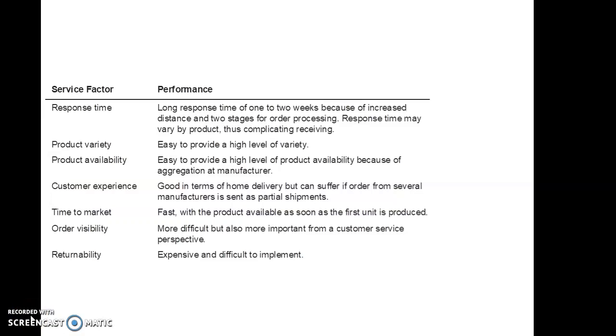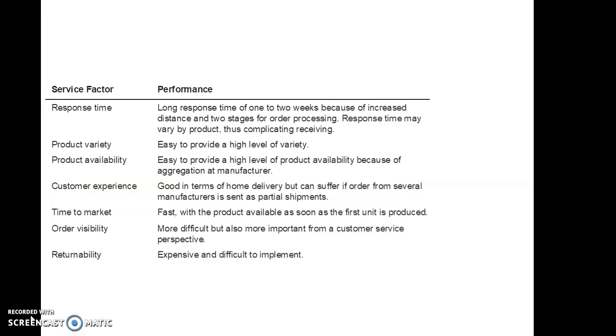The first service factor is response time, and it is a very important service factor. Response time is too long in the case of drop shipping, particularly 1 to 2 weeks, because of increased distance and two stages of order processing, that is retailer and manufacturer.